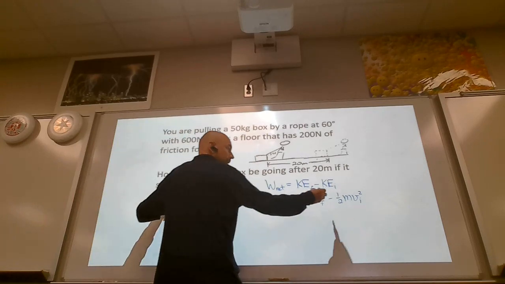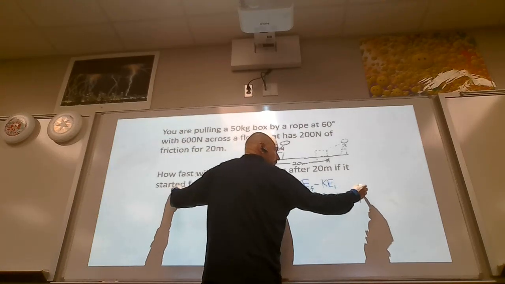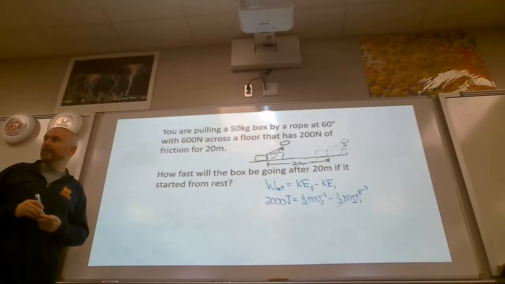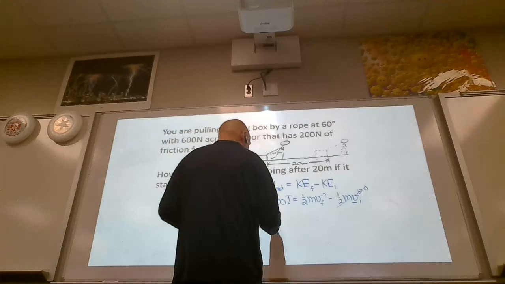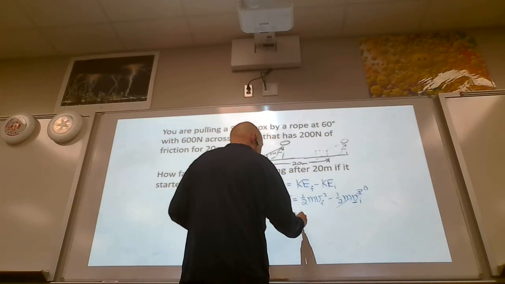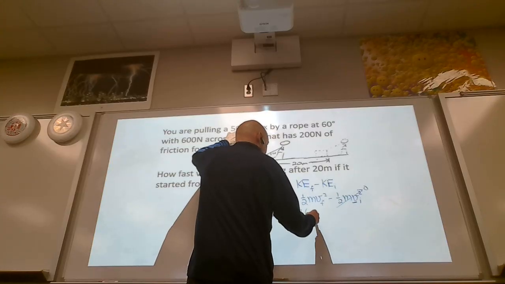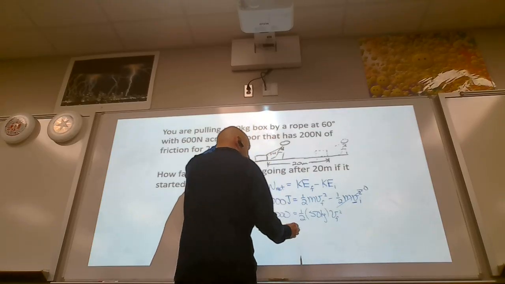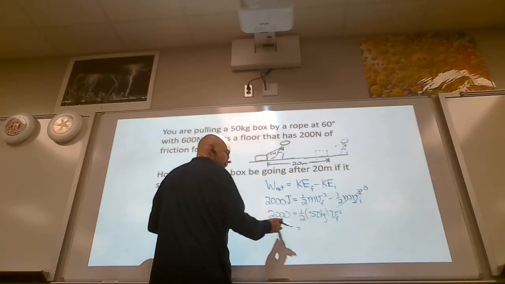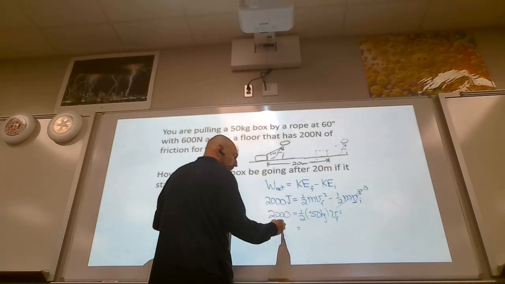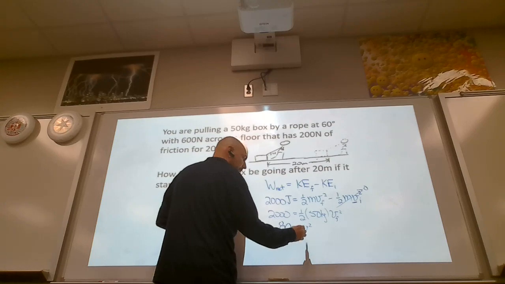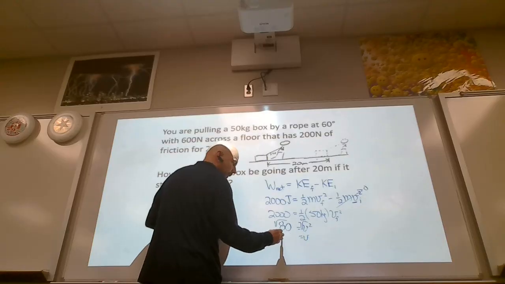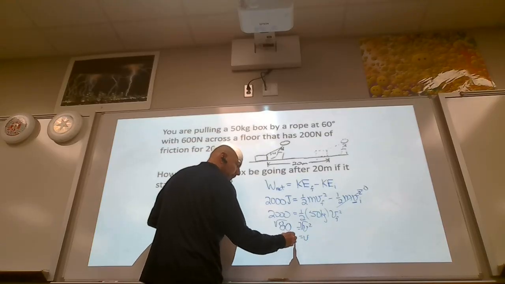So we know our initial kinetic energy is 0. We go with that? So we have 2,000 is equal to 1/2 times 50 kilograms times final speed squared. So this is 25, and 2,000 divided by 25 gives you 80 for speed squared. Take the square root of both sides and find that to be 8.9 meters per second.